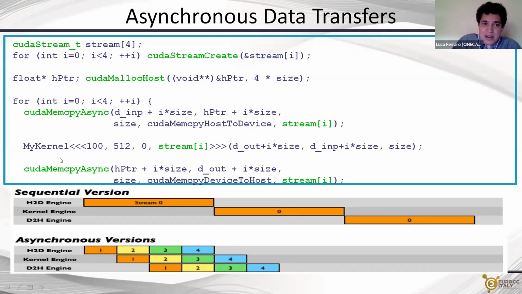Since all these APIs are asynchronous, all these operations are enqueued into the streams, and control of this loop returns immediately to the host. So here, the host can go on with other operations while all this stuff takes place pipelined on the device.